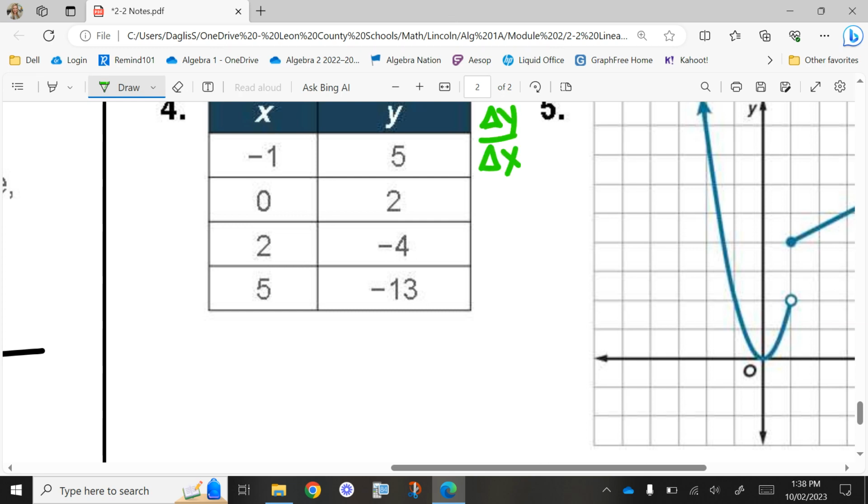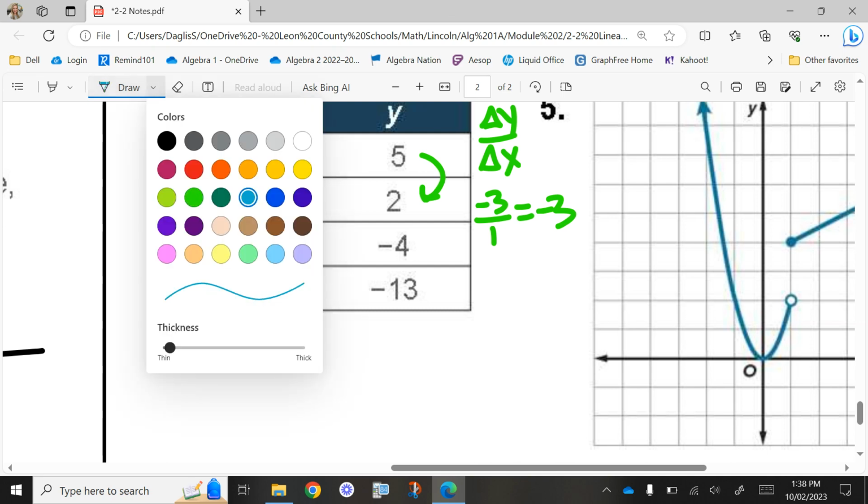So let's just make sure. How does 5 turn into 2? Okay, down 3. How does -1 turn into 0? It goes up 1. So what's -3 divided by 1? -3. Okay, we got to do it one more time.